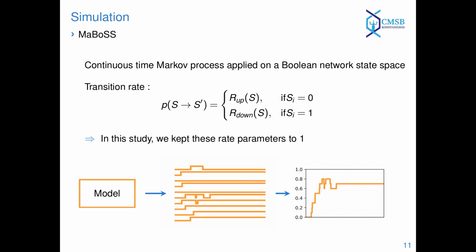So once we have this continuous time Markov process, we can simulate it and generate several stochastic trajectories, and then with these stochastic trajectories we can compute the probability distribution of each state.